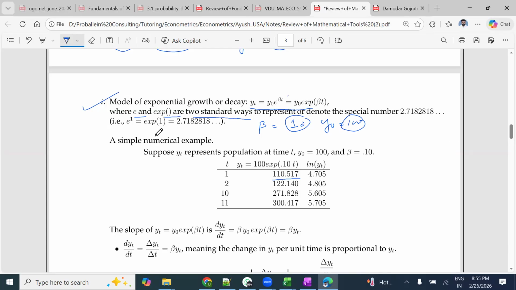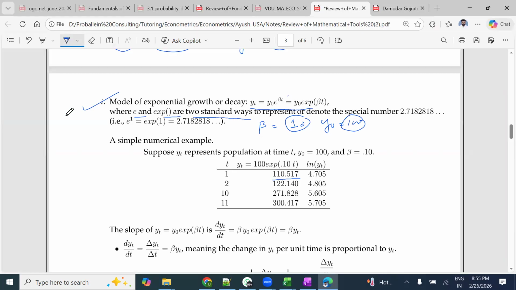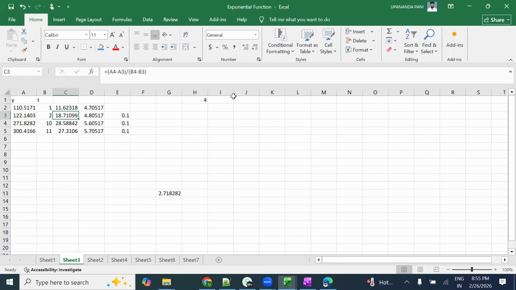Now I will show you what happens when I am not converting into ln. When I am writing the exponential function, you just see my beta is not constant.